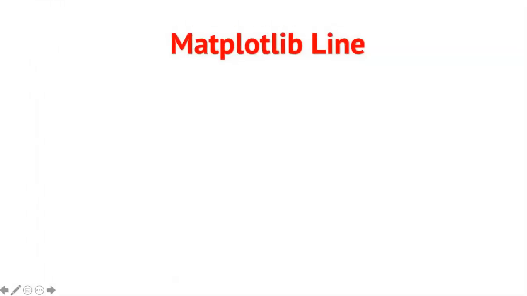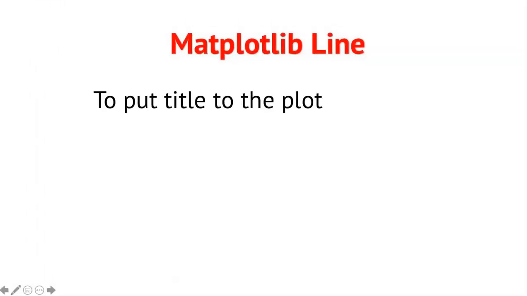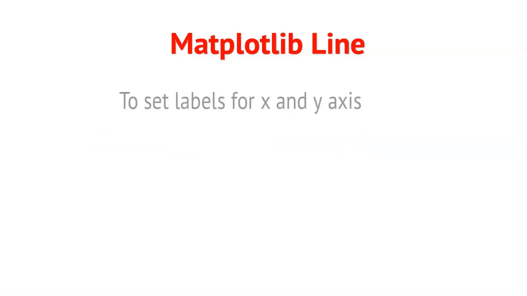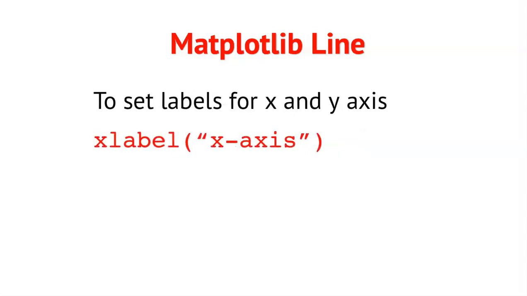So to put a title on the plot, we have to call the title function, and inside the parenthesis we have to write the name of the title. In the same way, to name the x and y coordinates, we will use the xlabel and ylabel functions, and inside the parenthesis in quotes we have to write the name of the x coordinate and the name of the y coordinate.